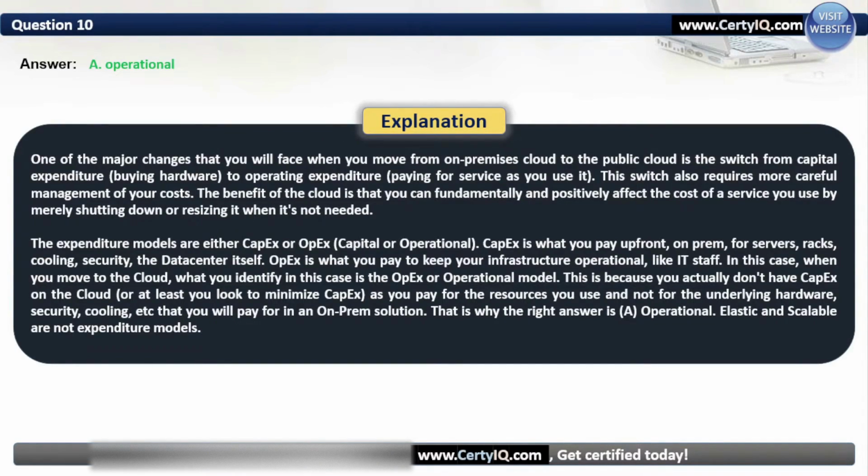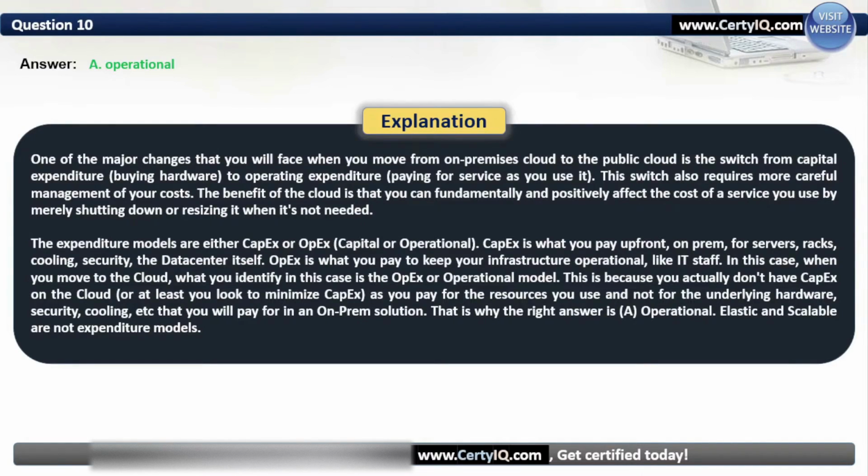CapEx is what you pay upfront or on premises for servers, racks, cooling, security, and the data center itself. OpEx is what you pay to keep your infrastructure operational, like IT staff. When you move to the cloud, what you identify is the OpEx or operational model.